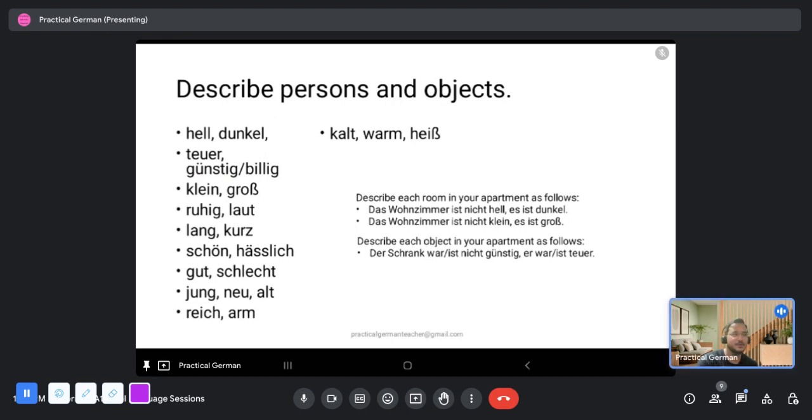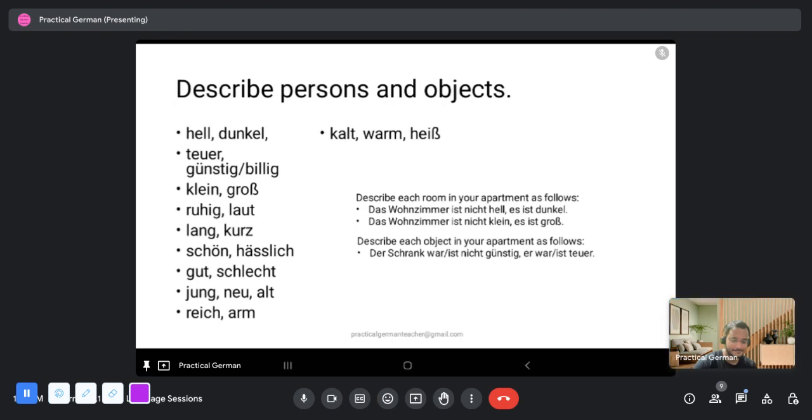For example, you're looking for an apartment. You don't want it to be very loud, right? Ich suche nach einem ruhigen Ort. So, a quiet place. Loud is noisy. Ruhig is like quiet.